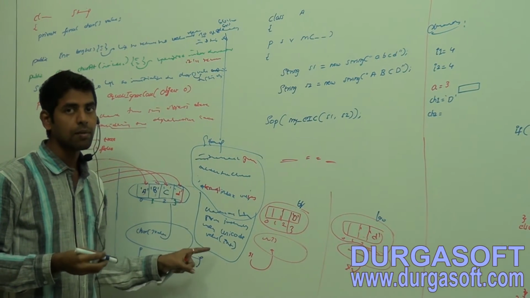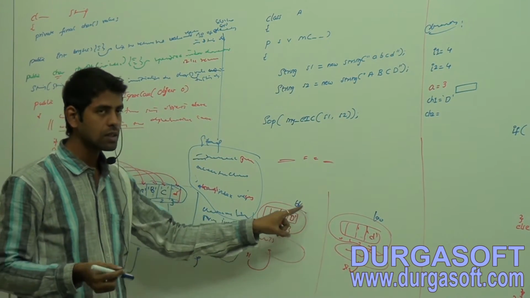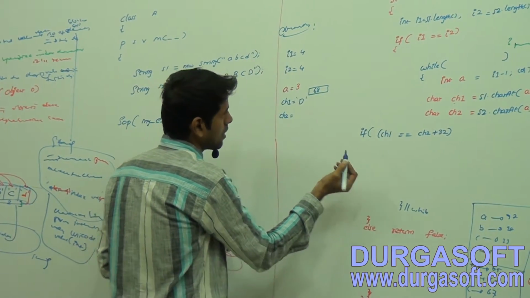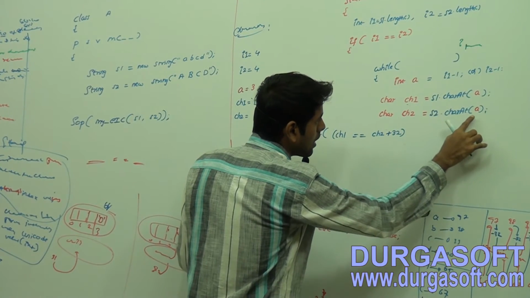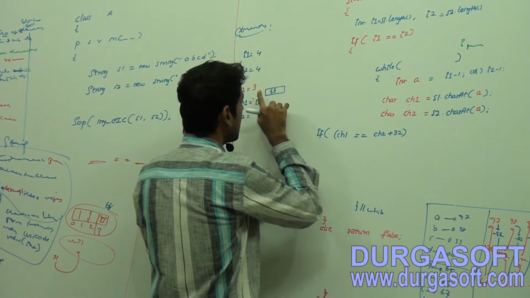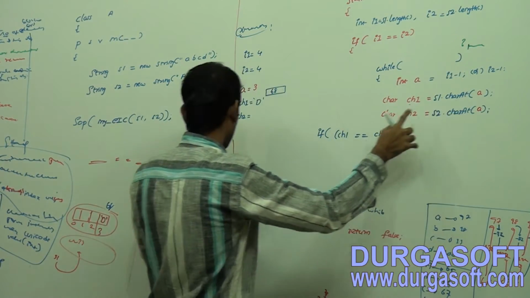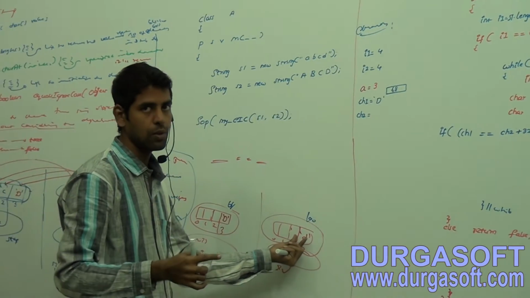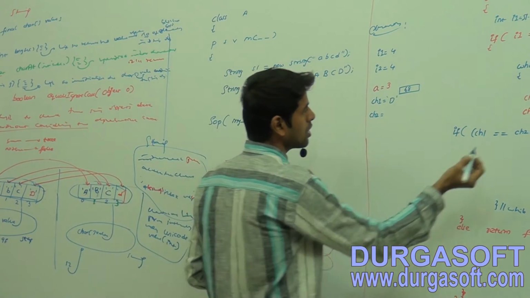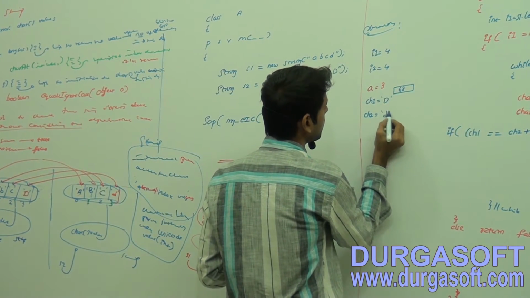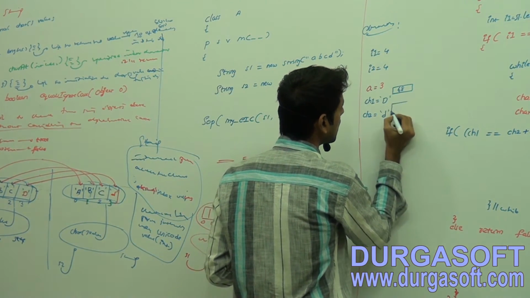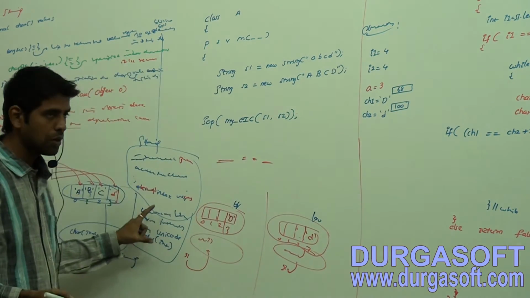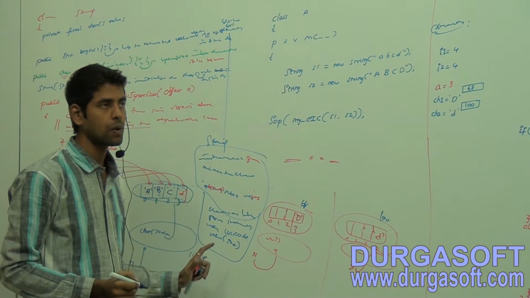What is the capital D Unicode value? 68. So it will consider 68. And S2.charAt(3) returns the third index value, small d. Small d we are assigning to ch2. Internally it will consider 100. I have said to you the main weapon is that one only.